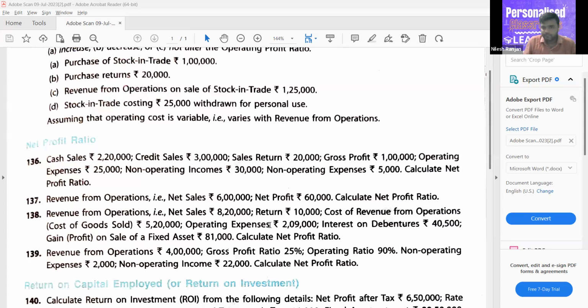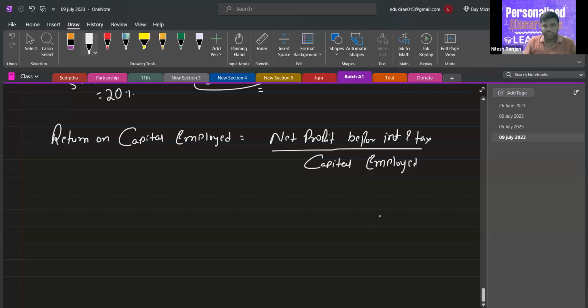Sir, you're not presenting the screen which you're writing. Oh, yes, I closed the window, that's right. Okay. So net profit before interest and tax divided by capital employed into 100. This is the formula.